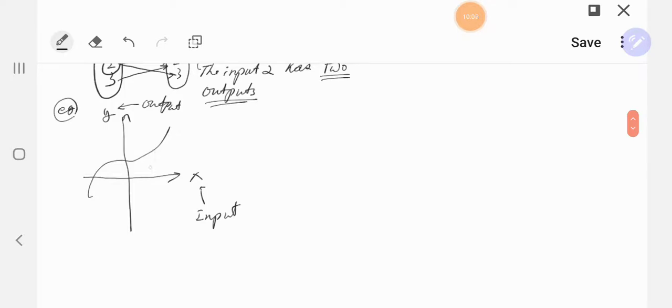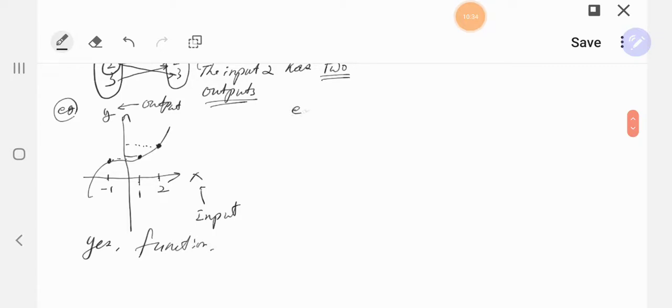Yes, this is a function, because for each input, let's say this is 1, it has only one point, one output. Even 2 has this point, and -1 has this point. So each input has one output, and yes, it's a function.